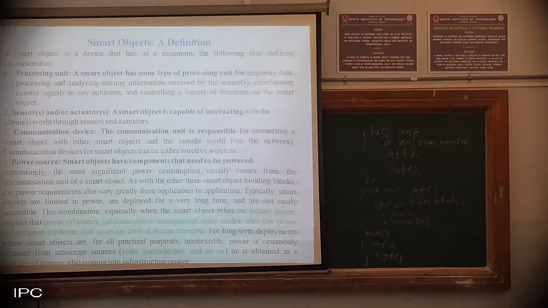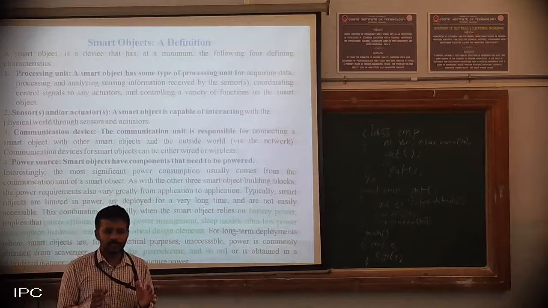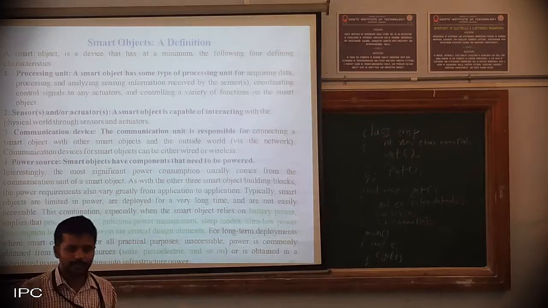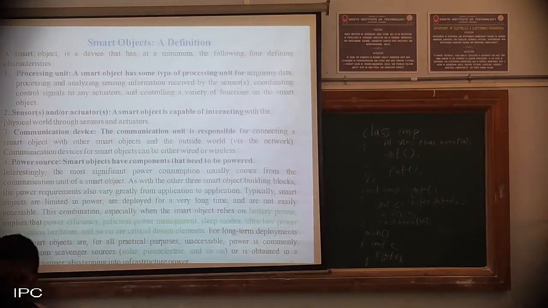And then, here are the smart object definitions. A smart object is a device that has, at a minimum, the following four defining characteristics. If the smart object has these four characteristics mentioned in the PPT, then we can call that object a smart object.